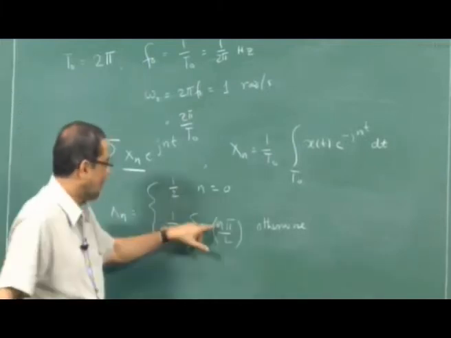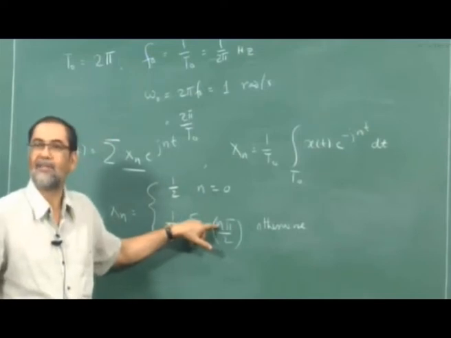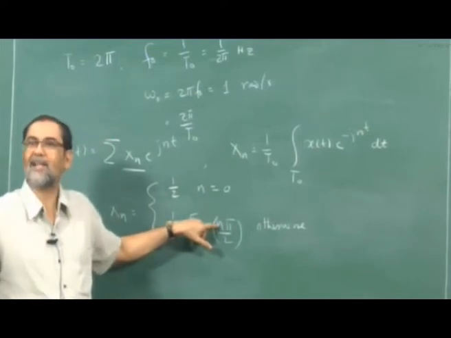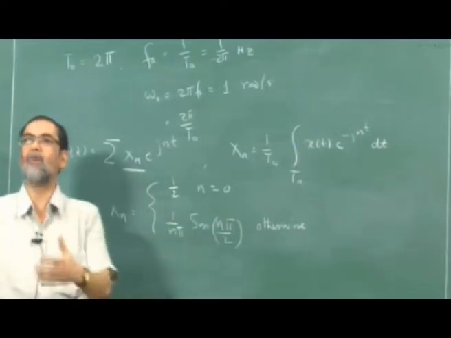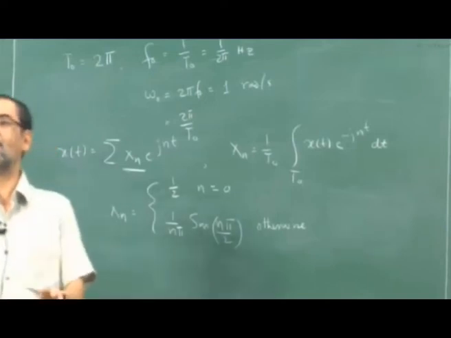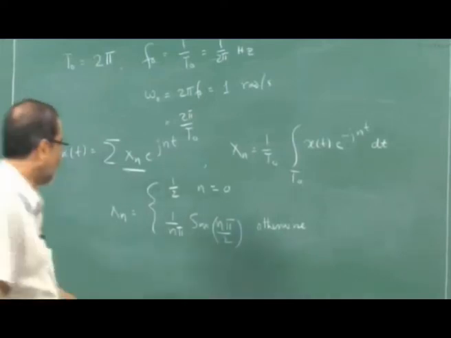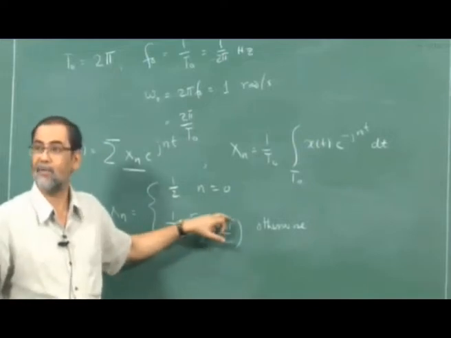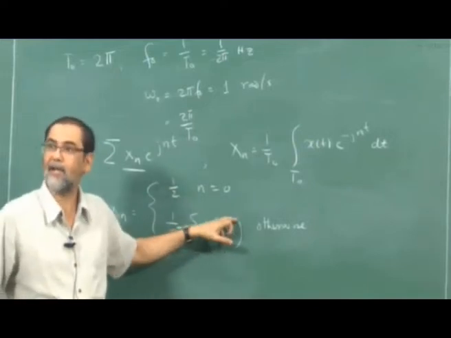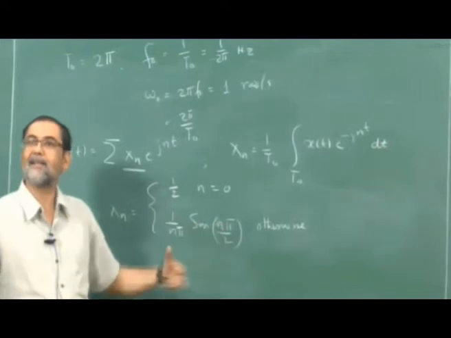If n is 3, sine 3 pi by 2 is 0. N is 5, sine 5 pi by 2 is 0. So for all odd values, sorry, if n is even, n is 2, sine pi is 0, n is 4, sine 2 pi is 0, n is 6, sine 3 pi is 0.